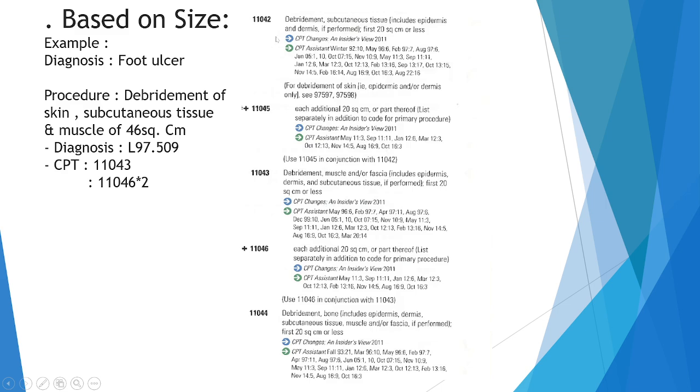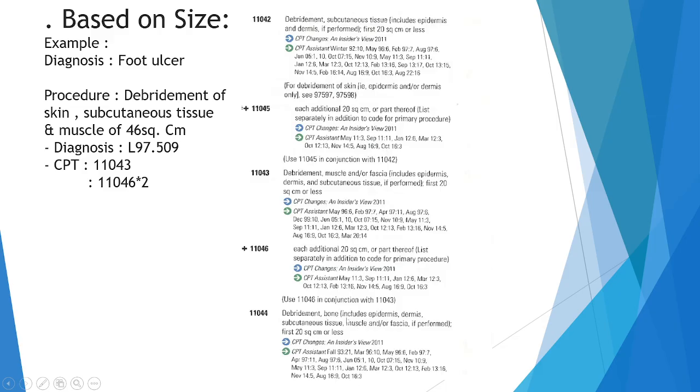there is a code for debridement of subcutaneous tissue, epidermis and dermis, for the first 20 square centimeters. Second, each additional 20 centimeters. So it is based on size, and also muscle or fascia, and the bone level. For coding debridement based on size, we have to check the depth of the skin, whether it is subcutaneous tissue, muscle or fascia, or bone.